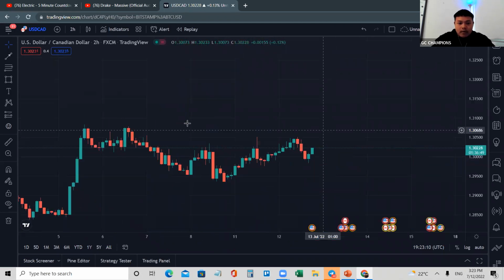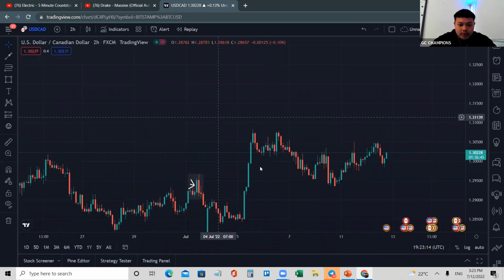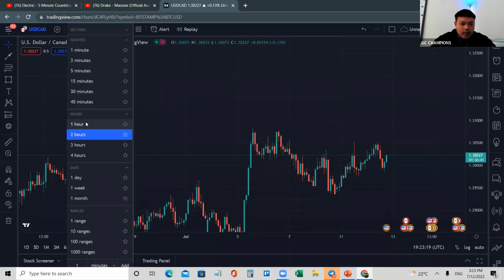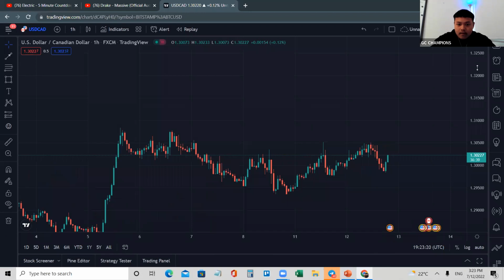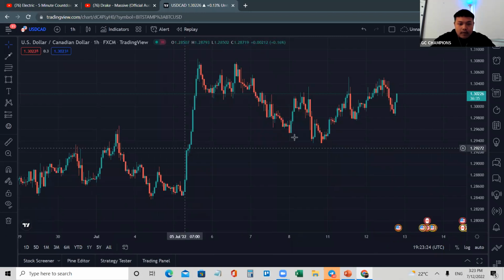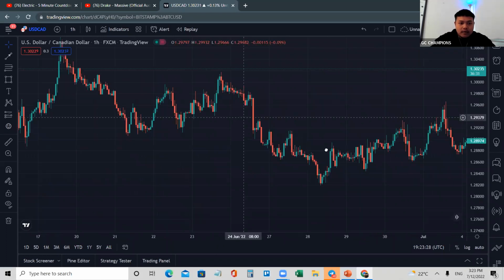Let me remove the drawings, then make it an hour time frame, and then scan the market.